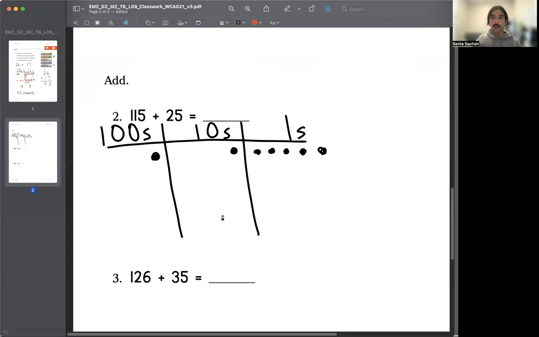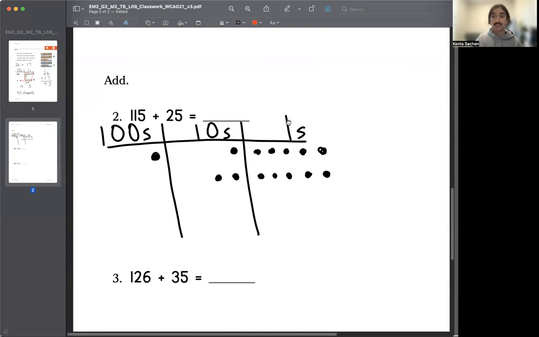You should all be drawing this right now. Okay, good. So you had 2 10s, for 20, and 5 1s. 1, 2, 3, 4, 5. We have 115 and 25.